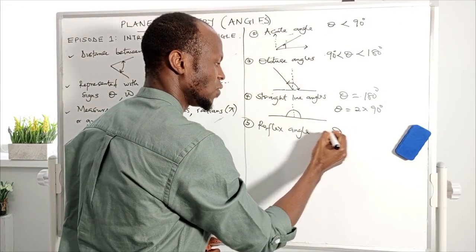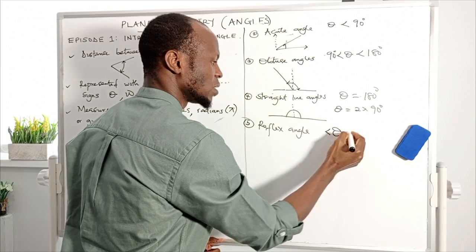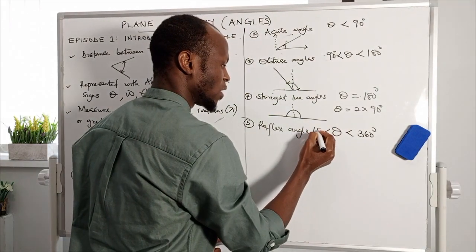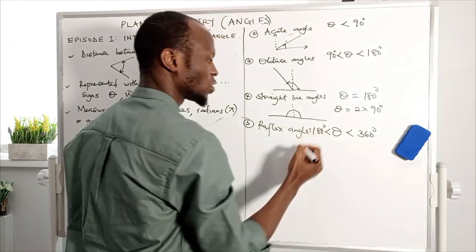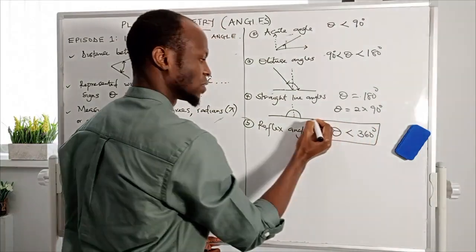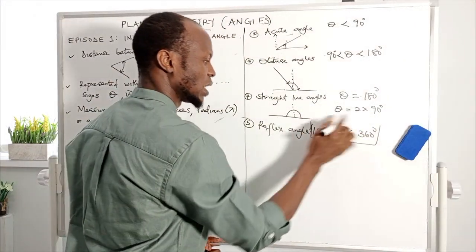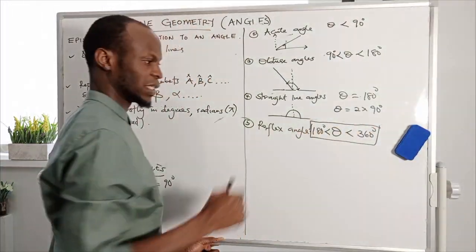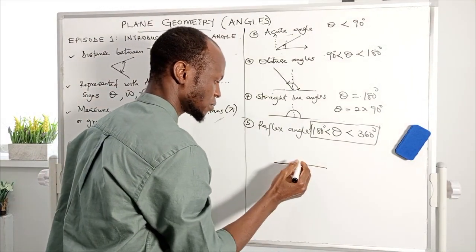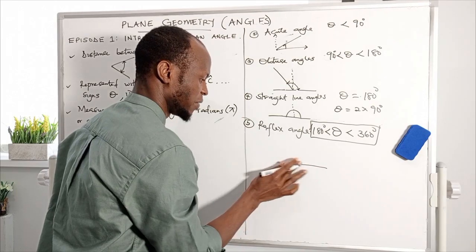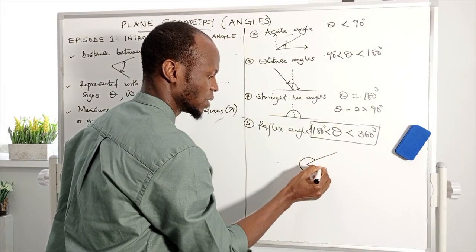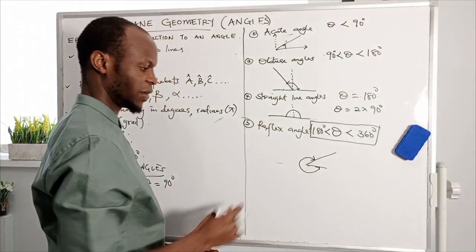Any angle which is not up to 360 degree but it is more than 180 degree, such an angle is known as reflex angle. How do you know when we have an angle? Let's say we have an angle like this. From this place to this place, this is known as reflex angle.